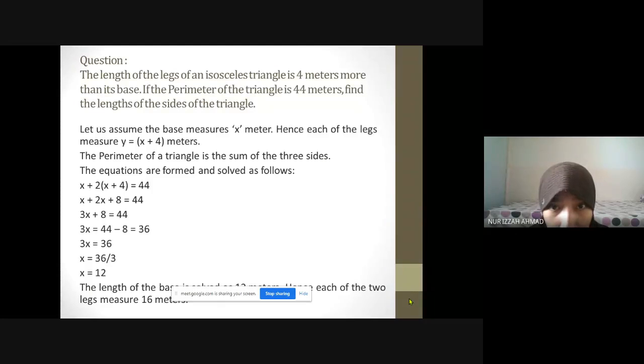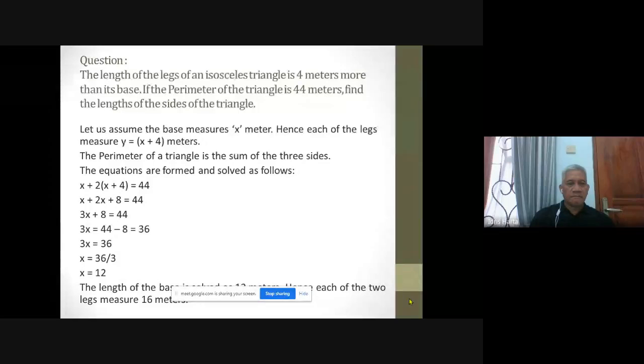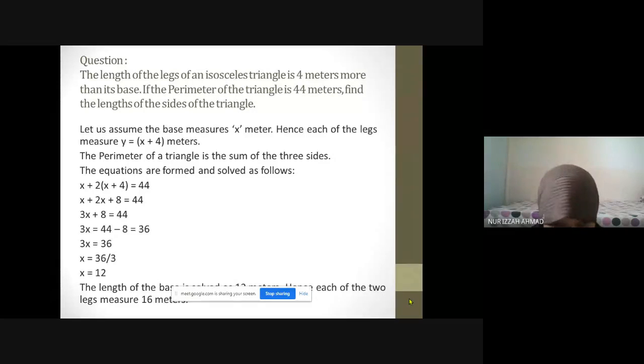The equation is solved as follows. x plus 2 times (x plus 4) equals 44. x plus 2x plus 8 equals 44. 3x equals 44 minus 8, which is 36. 3x equals 36. x equals 36 divided by 3. x equals 12.